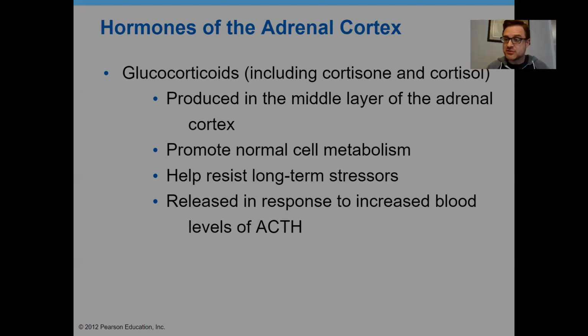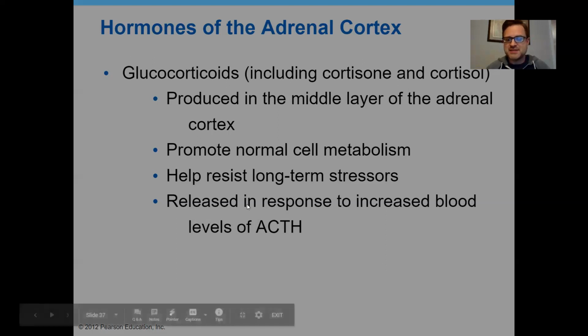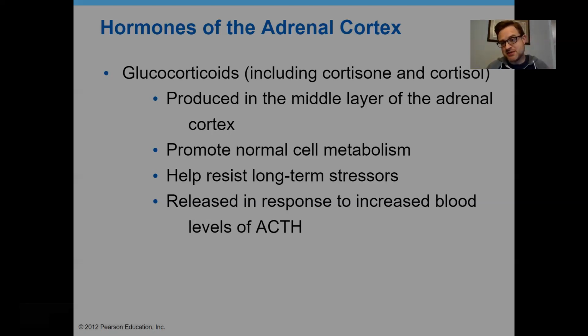They resist the long-term stressors. It helps sort of chill you out, honestly. The hormone ACTH, that we've seen a couple of times, including the previous slide, was released by the anterior pituitary in your brain. And those hormones stimulate the release of glucocorticoids.